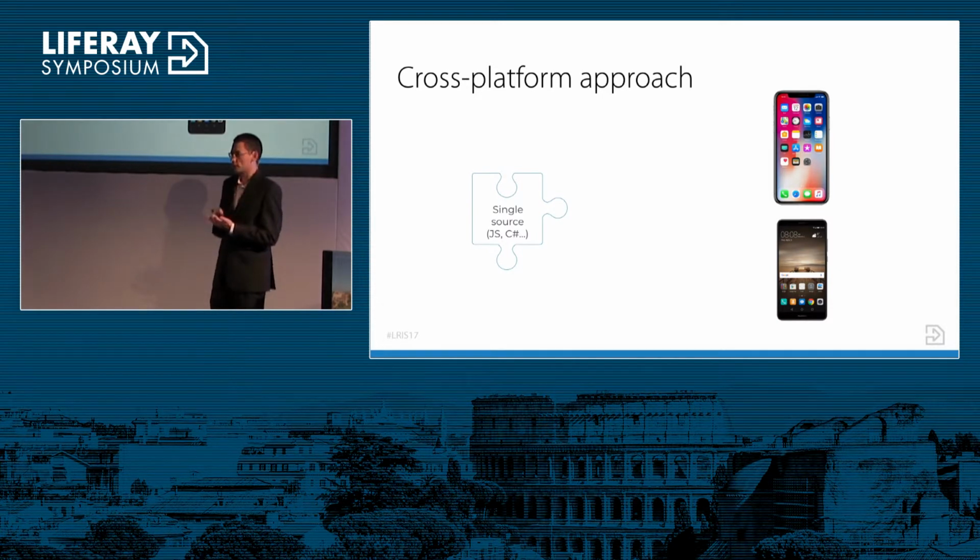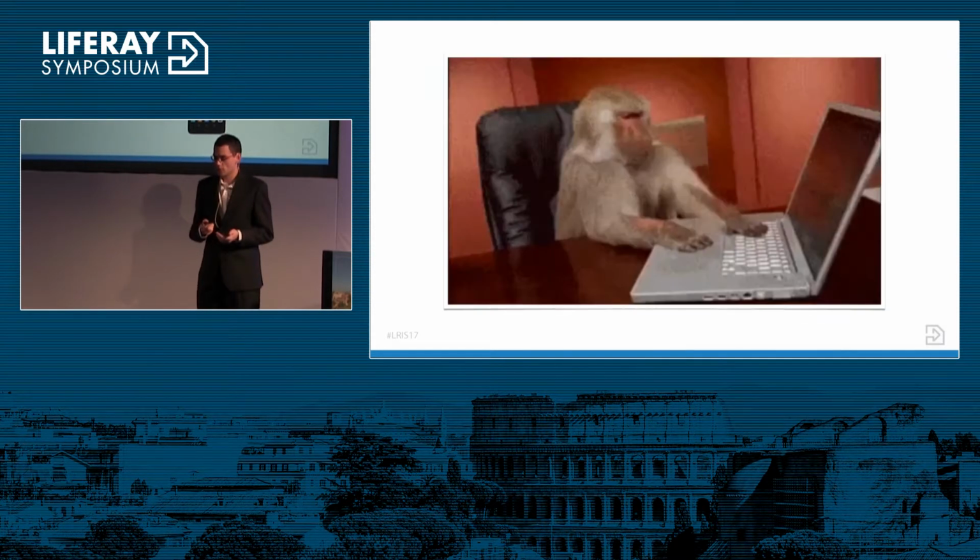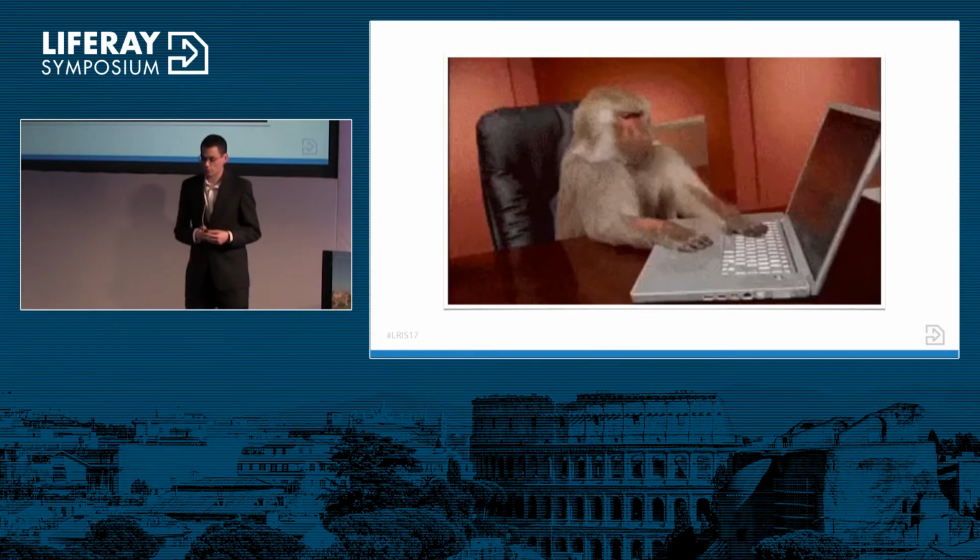The idea behind that is you have a single source, a single point of code, either in JavaScript, C#, Java, whatever. And that code gets compiled and transformed by a tool, by a framework, into native code. That's the idea of the cross-platform approach.